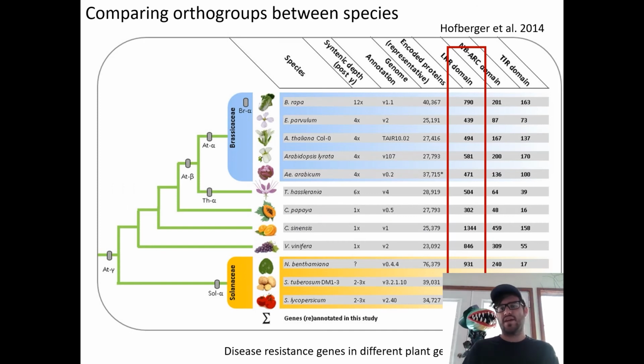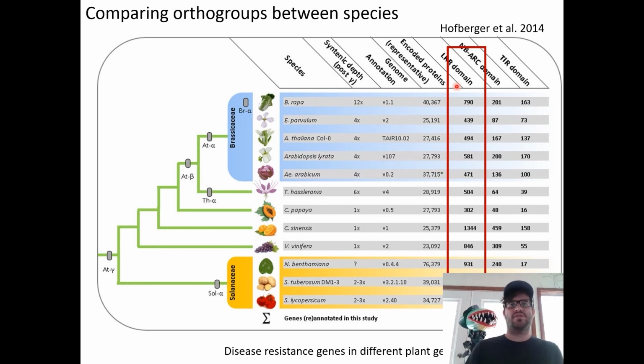And here's just to give you one example. So this wasn't OrthoFinder based, but it's something very similar. And this is just looking at these disease resistance genes or NBS-LRR genes in plants. These genes are responsible for various resistance to different pathogens.